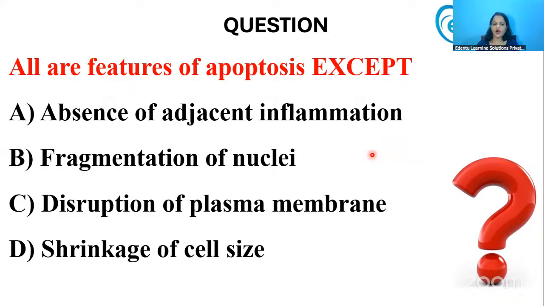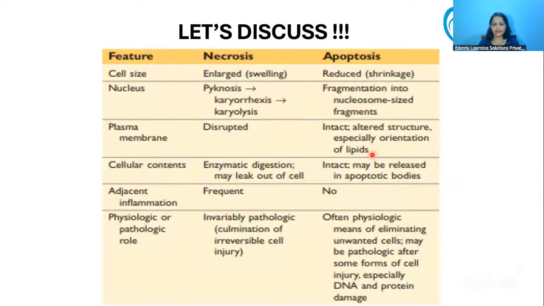Is it C? Or shrinkage of cell size? As I already mentioned, apoptosis is programmed cell death. What is mainly happening is that the cell size is getting reduced and the nucleus is also getting fragmented.